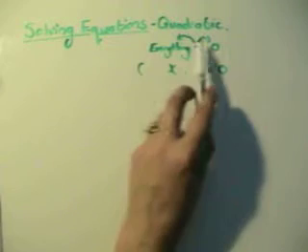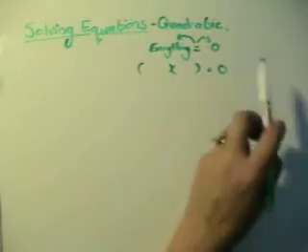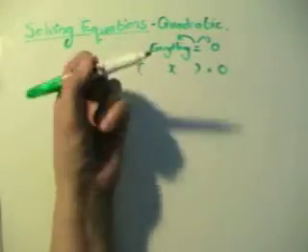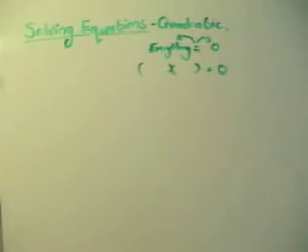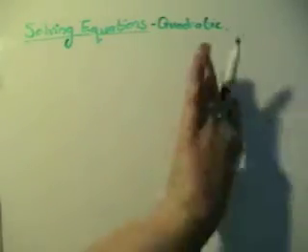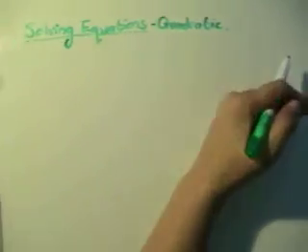Sometimes when you have everything on one side and 0 on the other side, you try to factorize and you see I cannot factorize, and then there's something else I can do. I'm still going to get everything to one side, 0 on the other.